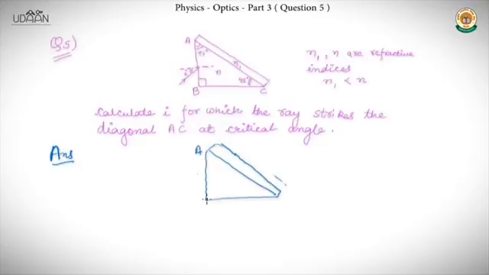From the question, we have the data about the prism, that is the angles of the prism, and also the refractive indices of the two media where the reflection has to occur.